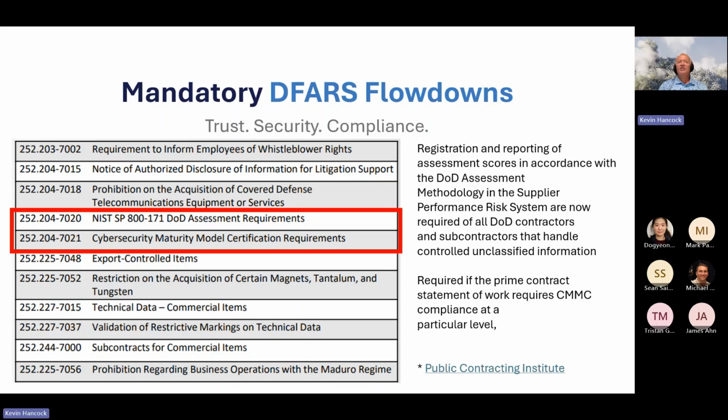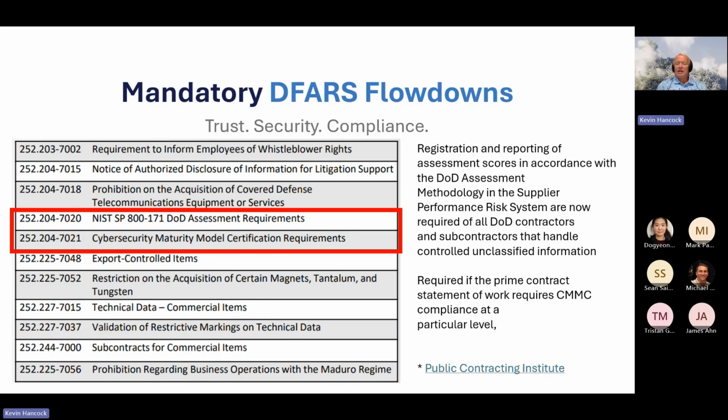What you're required to do is flow down these requirements to your supply chain as well. So if you've got subcontractors, you've got them under contract to supply parts, materials, etc., as part of your overall contract. You flow down these requirements to them, and then they also agree to comply with these requirements.